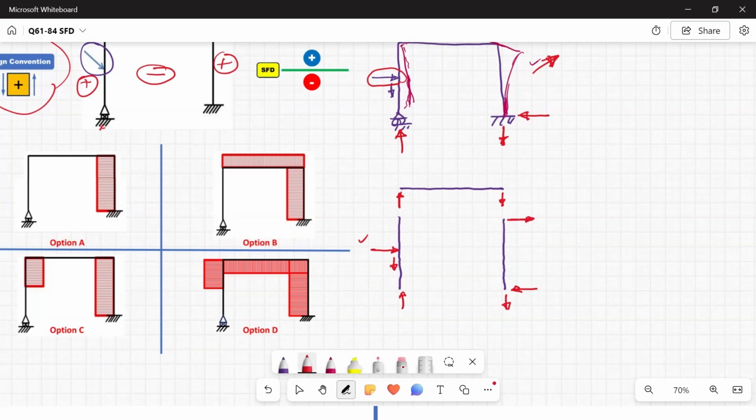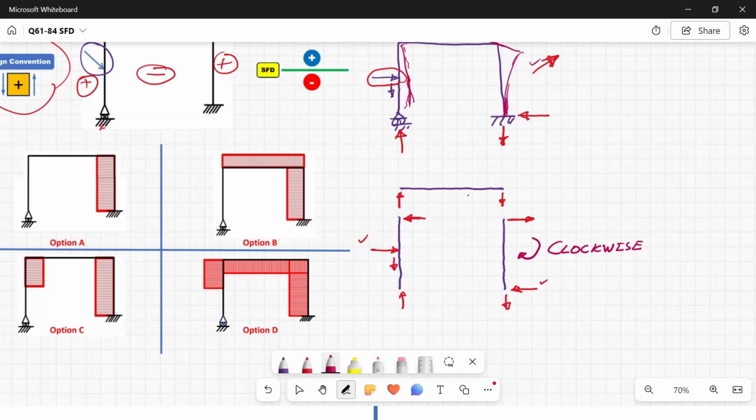So that will be rightwards, and the reaction that you see over here will create a leftward force on the left column. Now we have all the forces that we want. Let us see what kind of moment is being generated. These two forces are creating a clockwise moment.